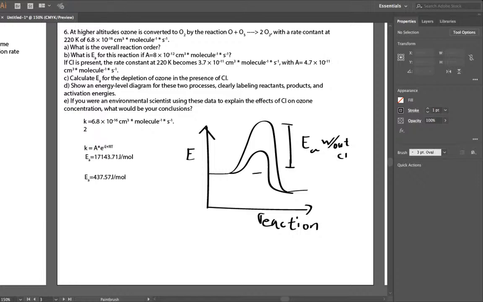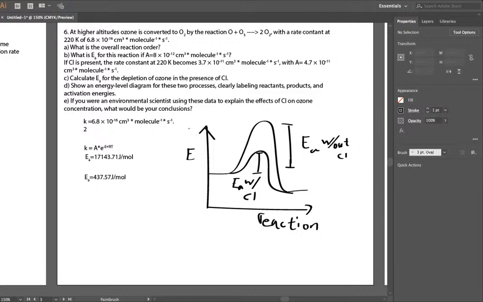This one here is the EA, activation energy with Cl. So there we go. So you just actually found your energy level diagram there.